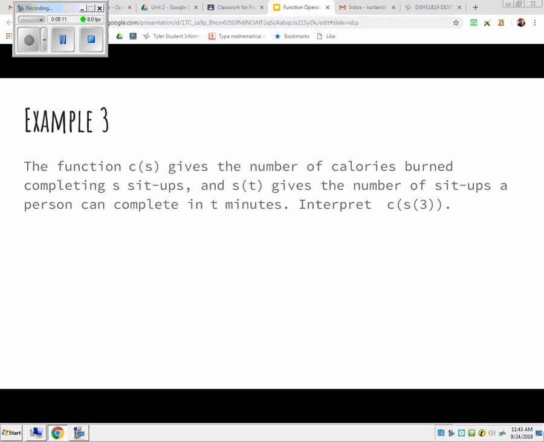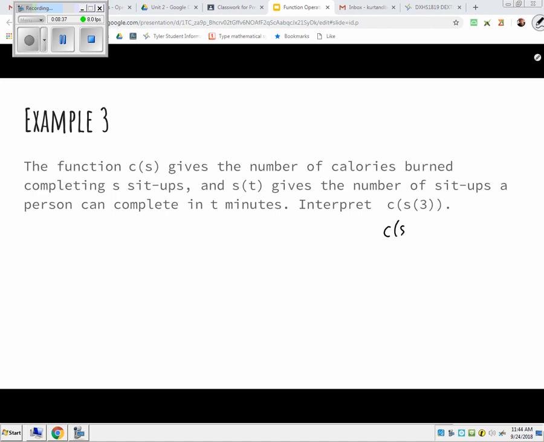Sorry, before we even do a table, I forgot about this example. The function c of s gives the number of calories burned completing s number of situps. I know when I was young I could do situps really well, but I don't think I can do them very well now. And s of t gives the number of situps a person can complete in t minutes. So it wants me to interpret c of s of 3.